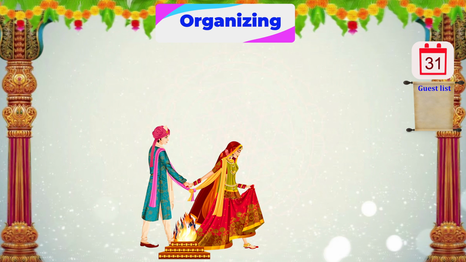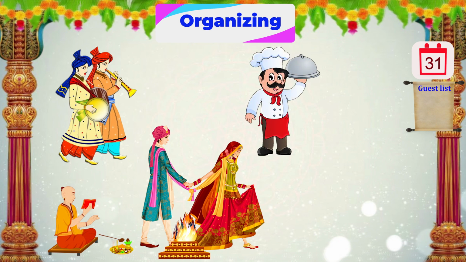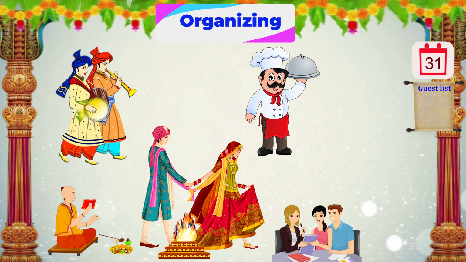So I understand that I want to book a pujari or a priest. Then I want to book a bandwala or a sound system. I want to book reception, matlab food system. I want to book decoration system. I want to ensure how the procession will be there, how rituals will be performed. So I'll start identifying the activities.